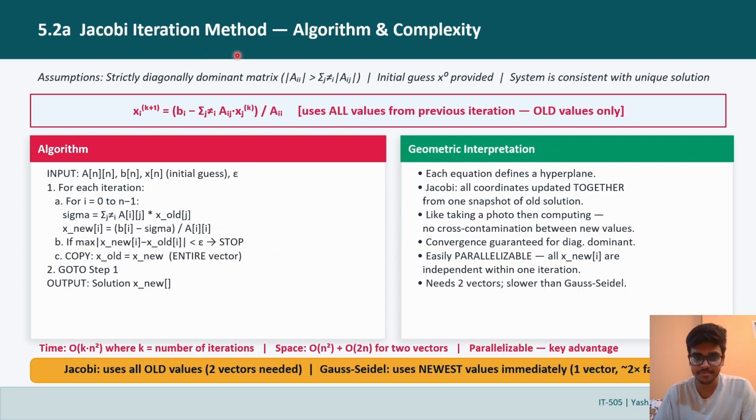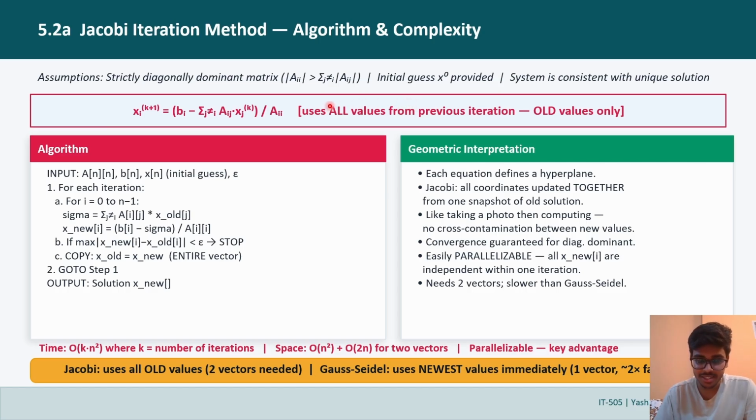Jacobi iteration method. Assumptions: the matrix A is strictly diagonally dominant, meaning for each row i, the absolute value of a_ii is greater than the sum of absolute values of all other entries in that row. This guarantees convergence. An initial guess vector x naught is provided.